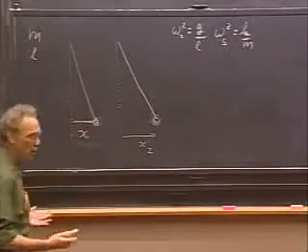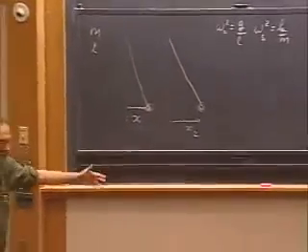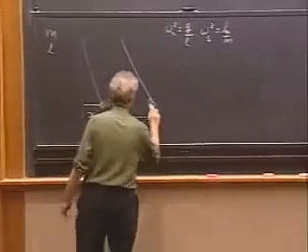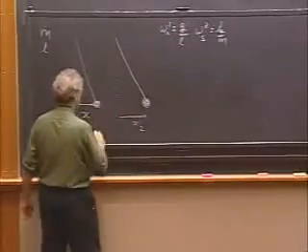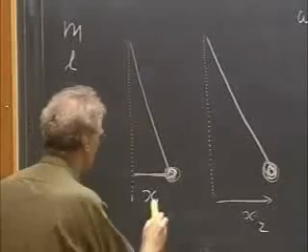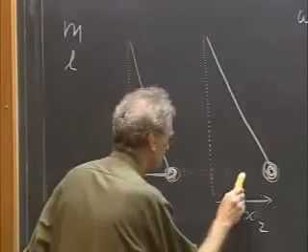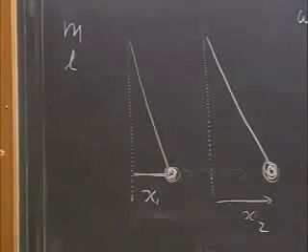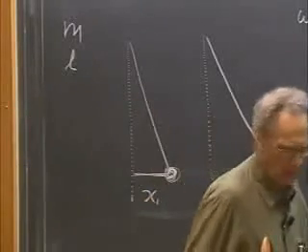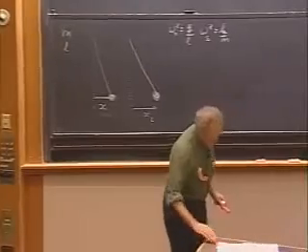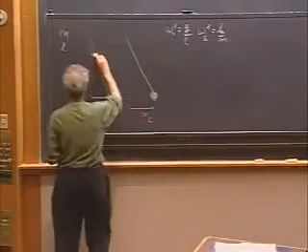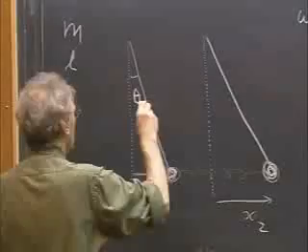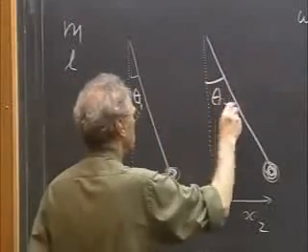Notice, you don't have to do that. I always offset them in the same direction. And then there is this spring that connects them. I will just make it very thin, the spring, otherwise the picture becomes a little bit too complicated. So let this angle be theta 1, and let this angle be theta 2.